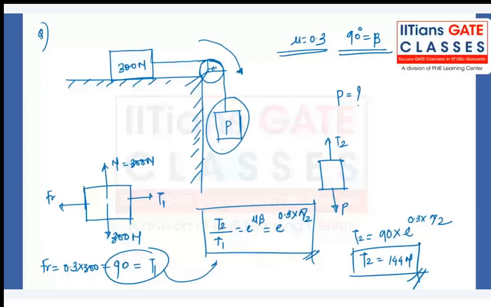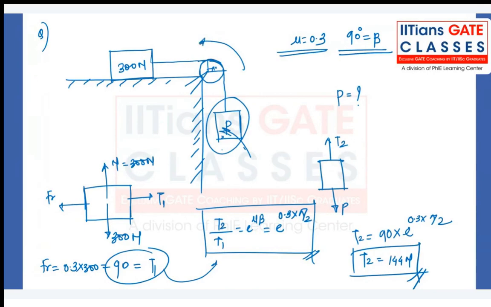We are not trying to pull the block towards the left-hand side, so the natural motion possible in this case is in the clockwise direction only. The block will never move in the other direction. Do you think of this kind of motion in any situation without force, naturally? Is it natural to have this motion? No, sir. So if it is not the case, then this side will never be a high tension side.